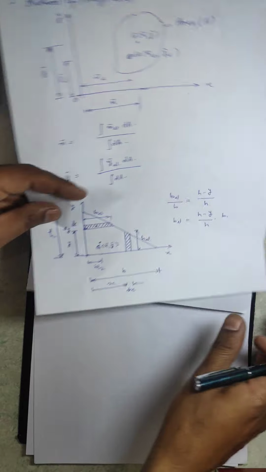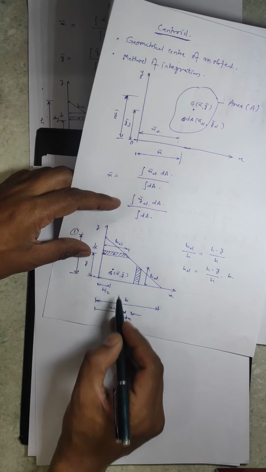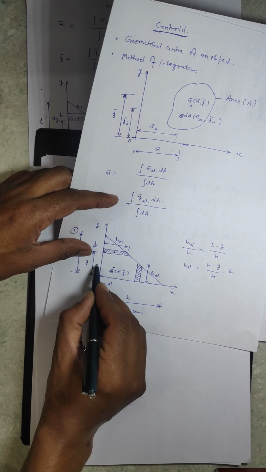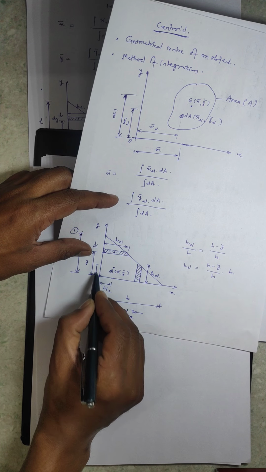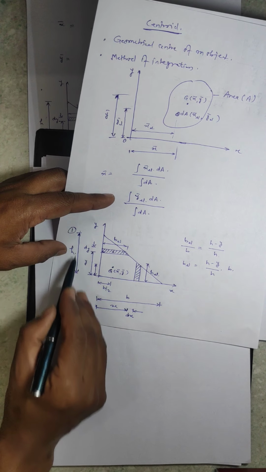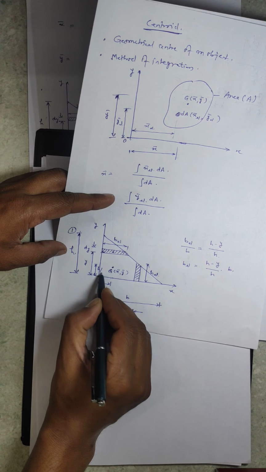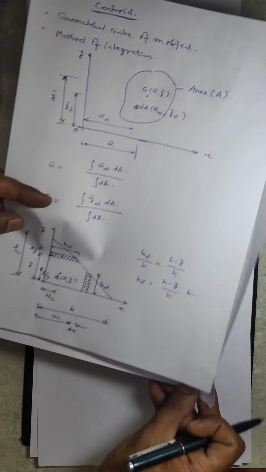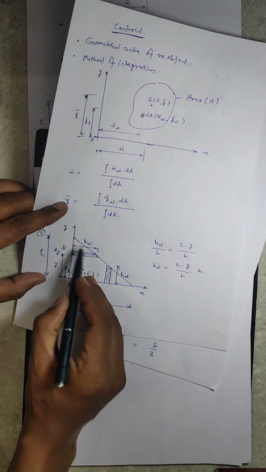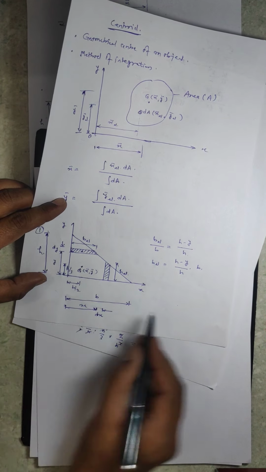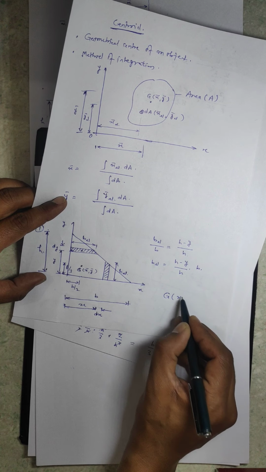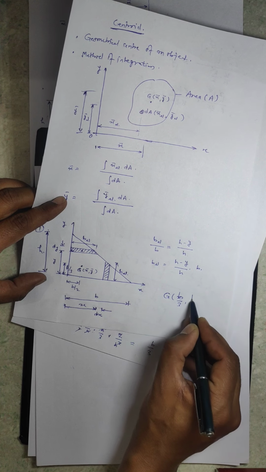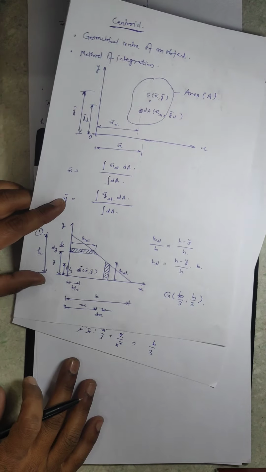By repeating the same procedure, we get the value of y bar as h by 3. The procedure is the same for all. So we get the centroid of a right angle triangle as G equals b by 3 comma h by 3. Thank you.